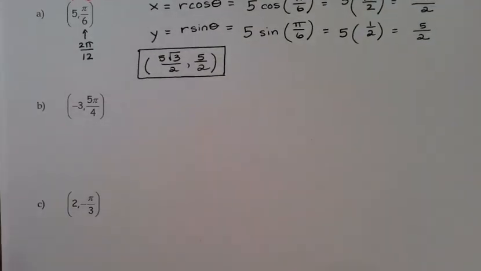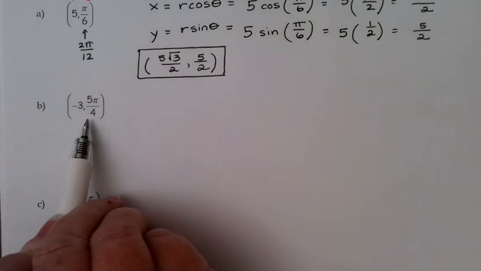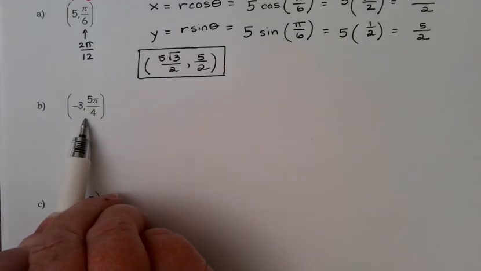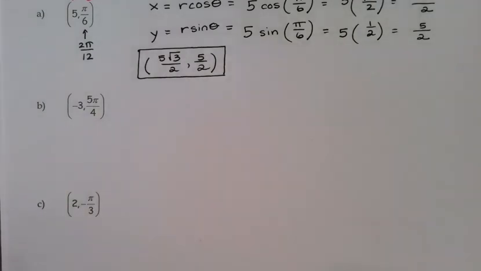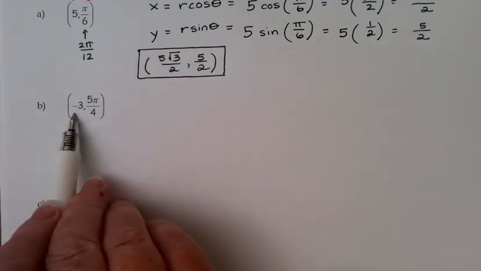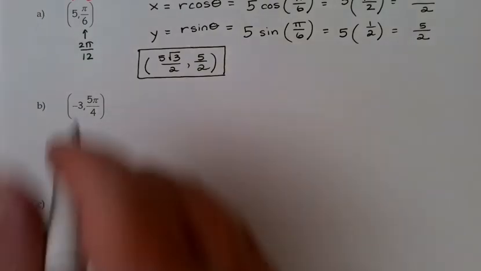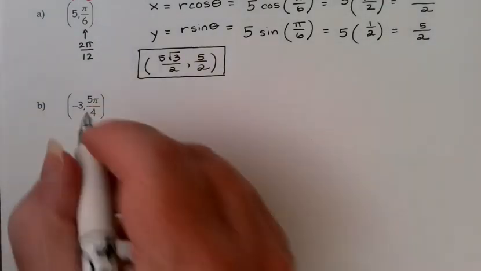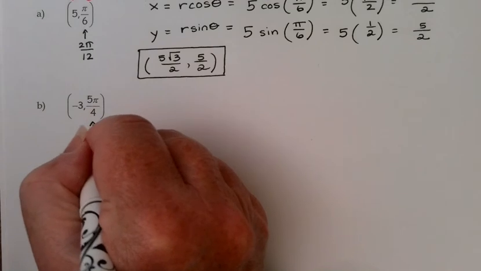Let's do a couple more. The second part, part B here, gives us the polar point -3, 5 pi over 4. So watch out, here's that negative radius again. 5 pi over 4, that would be 15 pi over 12.